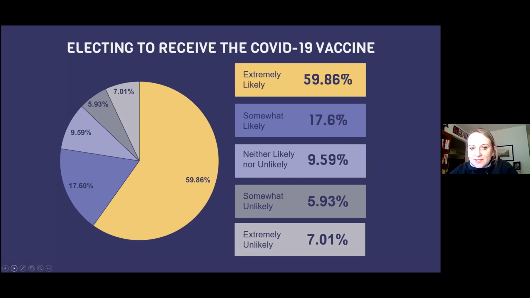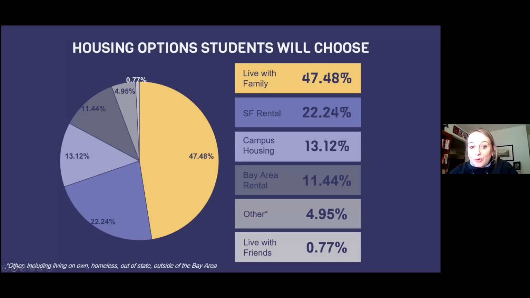I think the next slide talks a little bit about housing, which I just kind of previewed with you as well. So about 47% of students are indicating that they will remain home with family for the fall semester. And about 46% indicated they were either looking at a San Francisco rental, looking at on-campus housing, or looking to move back to the Bay Area.